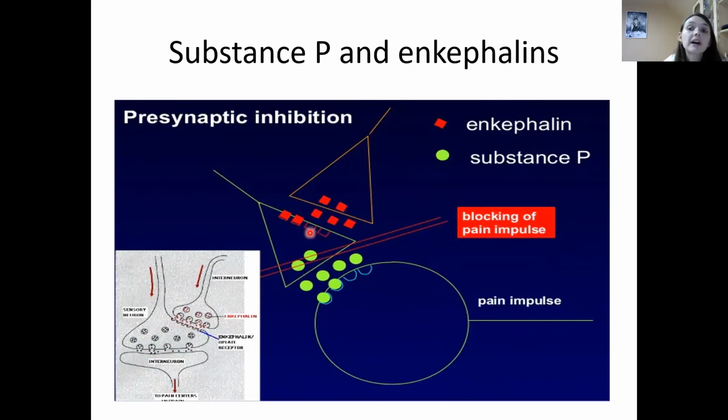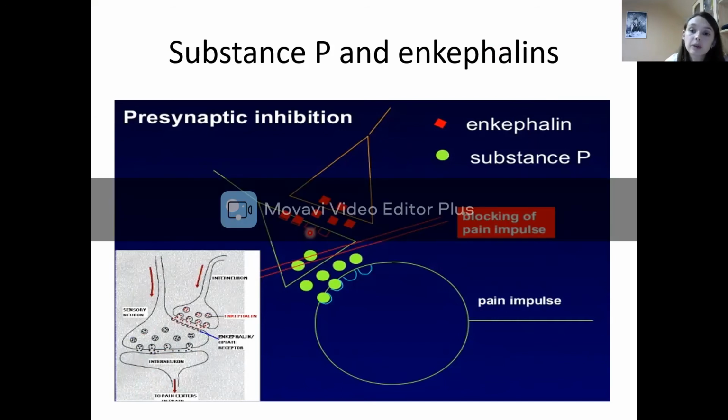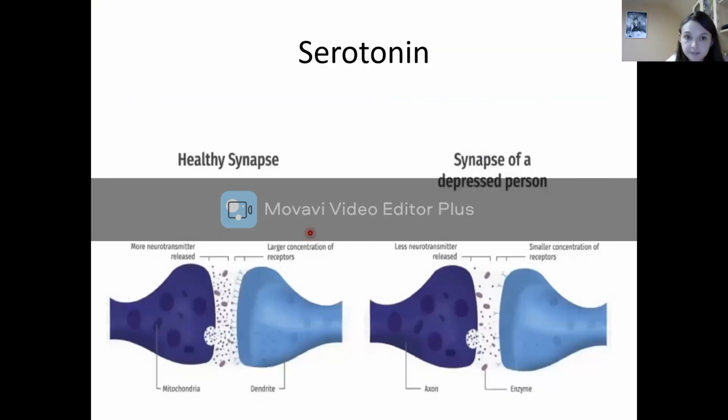So they are a type of antinociceptive system. These two neurotransmitters are responsible for the transmission of pain or for the decreasing or relief of pain.